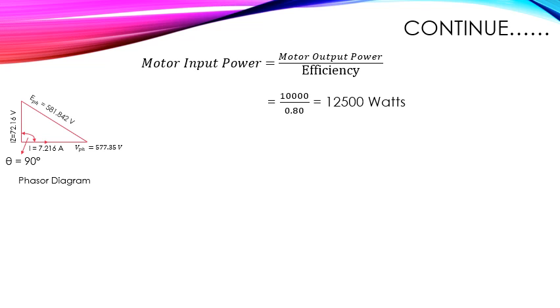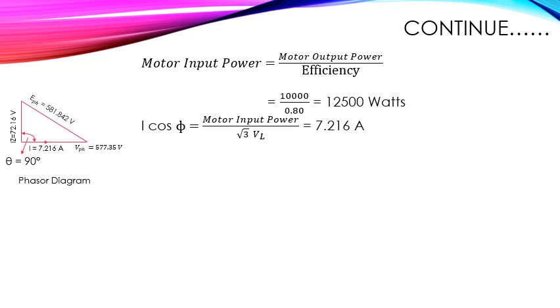So put the value of output power and efficiency, then we will get the motor input power. Similarly, to find out the in-phase or active component of the current, take out the I cos phi from the equation √3 VL IL cos phi, and put the value of motor input power here, that is 12,500 watts, right, and divide by √3 VL.